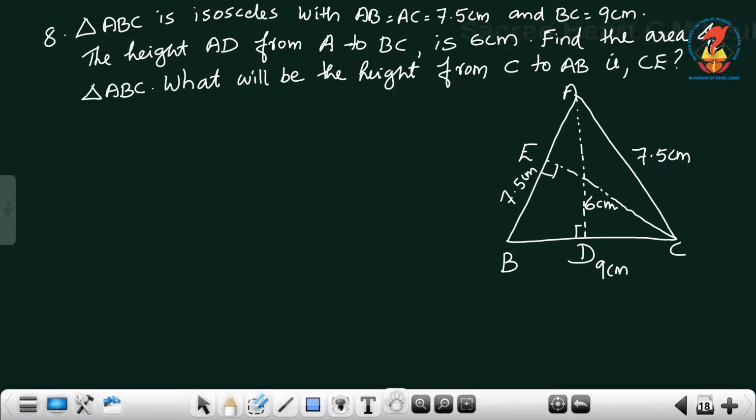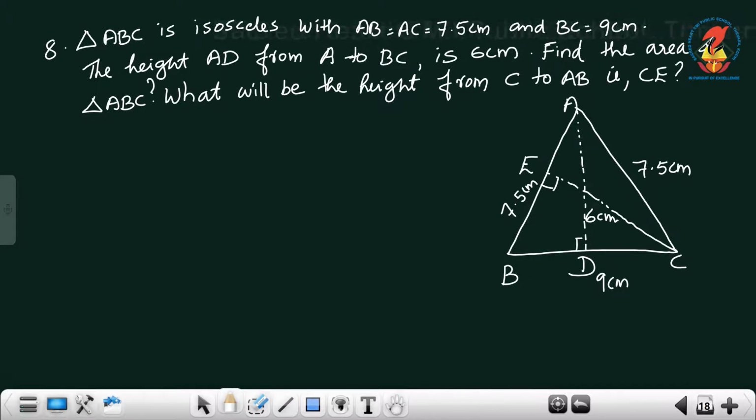Find the area of triangle ABC. Next, what will be the height from C to AB? That is CE. We have to calculate this CE also.